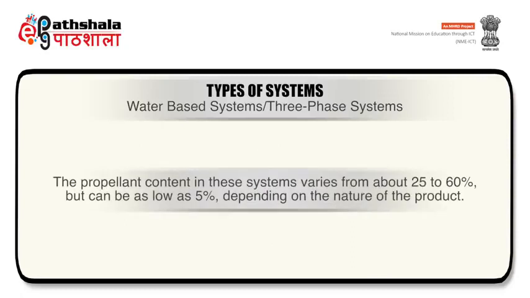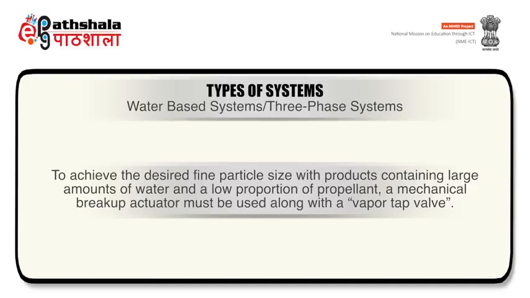Propellant content in these systems varies from about 25 to 60% but can be as low as 5% depending on the nature of the product. To achieve the desired fine particle size with products containing large amounts of water and a low proportion of propellant, a mechanical breakup actuator must be used along with a vapor tap valve.